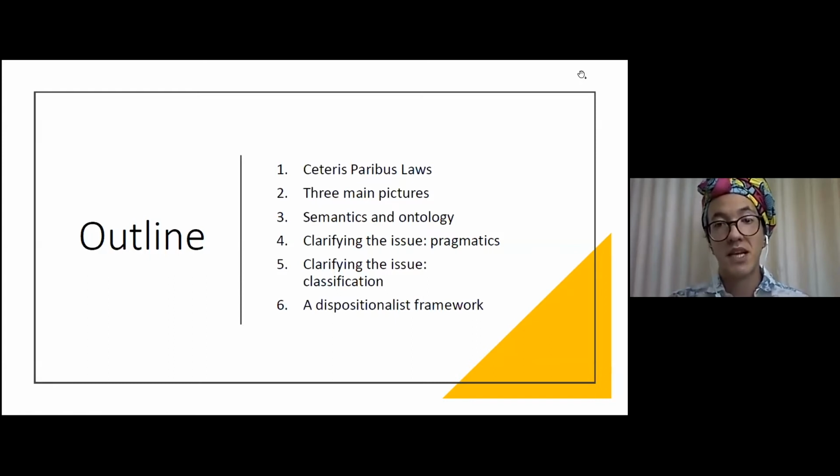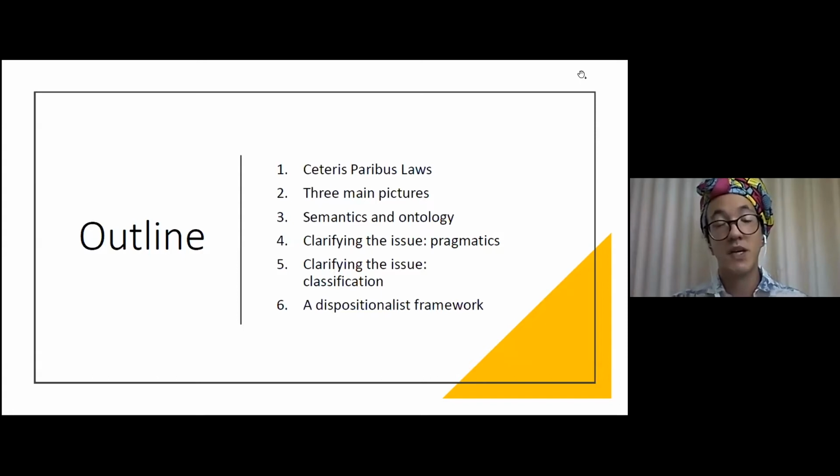I will try to claim that in order to get a better understanding of Ceteris Paribus laws and the role that dispositional properties can assume in explaining this kind of laws, we have to clarify the issue concerning 2 main topics, namely pragmatics and the classification of Ceteris Paribus laws.